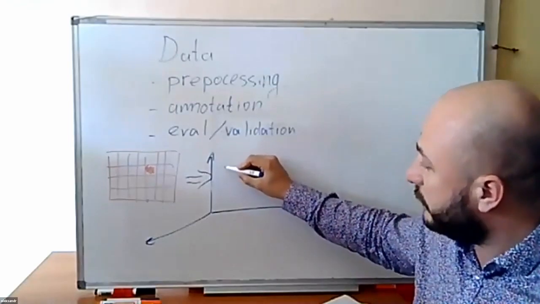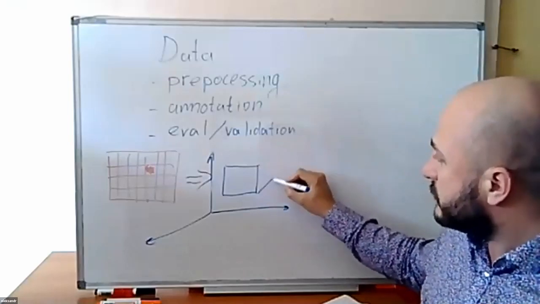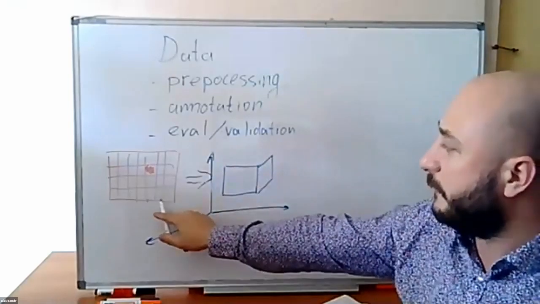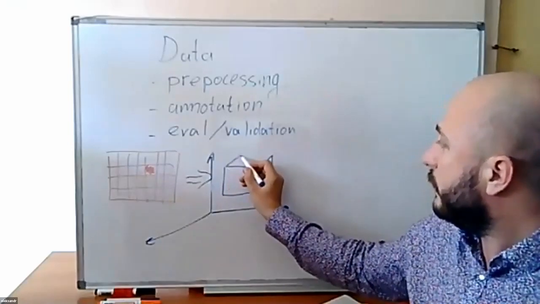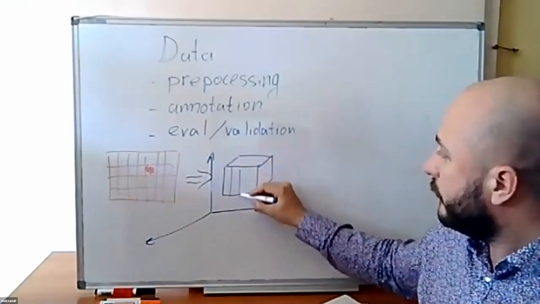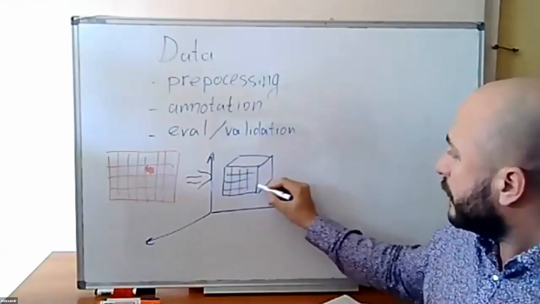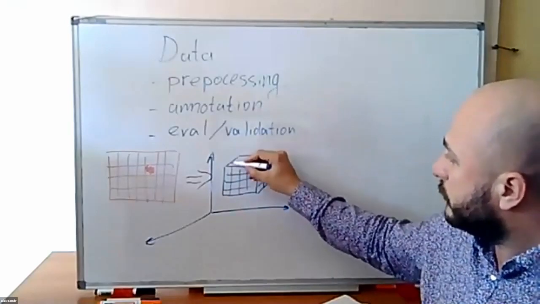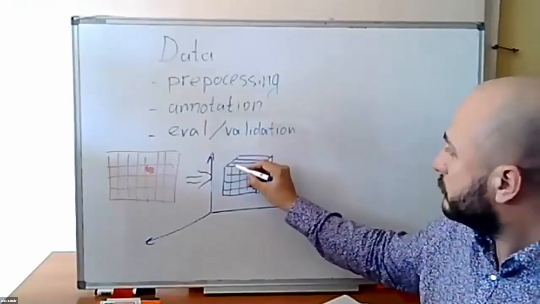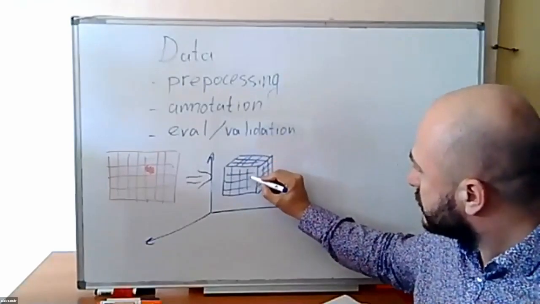Let's say that any object there can be represented like this. So here we have a 2-dimensional grid, but here already we could have a 3-dimensional grid. And each small cube here, let's say this one.